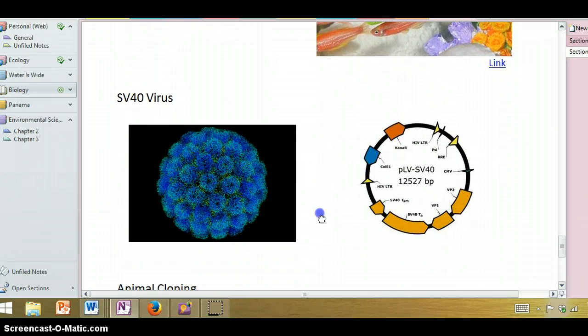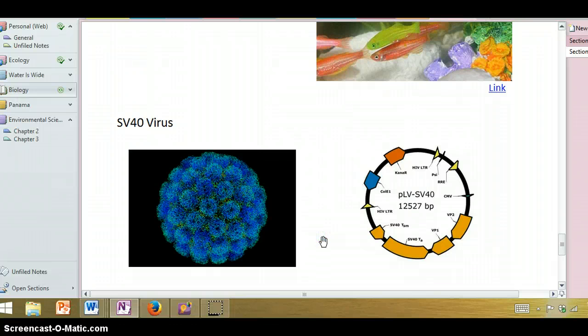The vector that's often used to try to move the genes is a virus, what's called the SV40 virus. And this is supposed to represent the genome of this virus. So what you want to do is get your gene of interest into the viral genome.